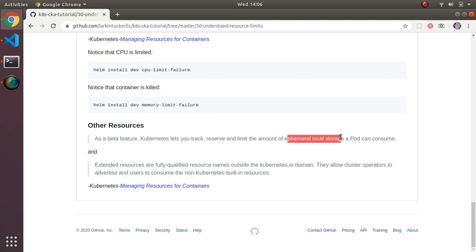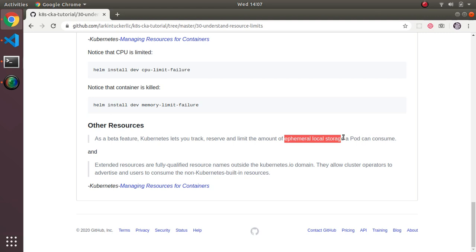If you think about it, we were always talking about how the writable container layer just eats up disk space on the node, and it's up to you, the developer, to be careful. You're supposed to only keep a small amount of data in there. And you might be worried, what happens if this process goes crazy and starts spewing a bunch of log files or something unwittingly, and you want to keep it from blowing up your node? You can actually put limits on the amount of storage that they can use.